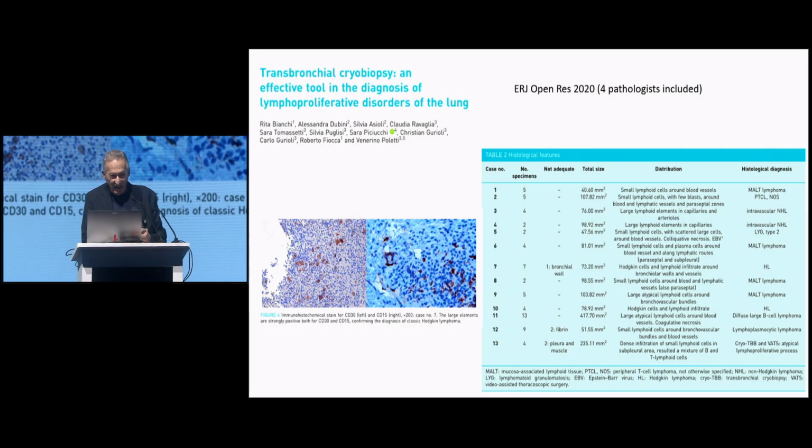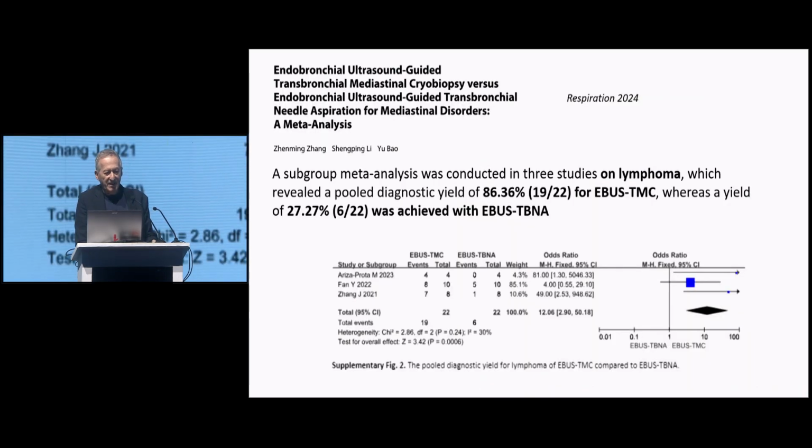In this study, we had analysis made by pathologists, and we also have some data on mediastinal cryobiopsy in the diagnosis of lymphoproliferative disorders. This meta-analysis suggests that cryobiopsy can be valid in this approach.